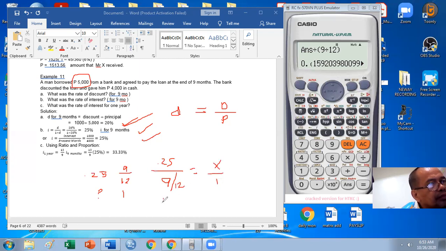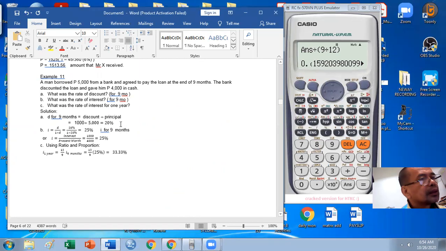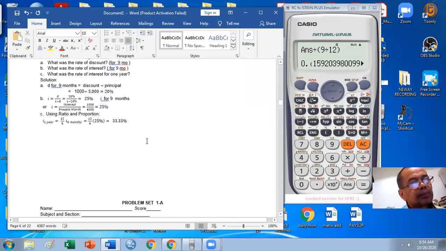Then you solve for x. X is just 33.33%. Okay? Next, I think this is already the problem set.